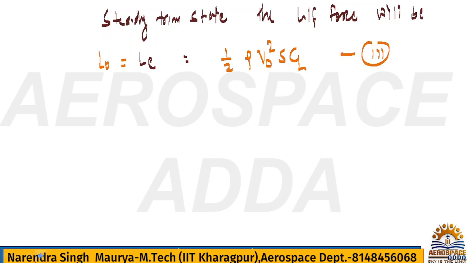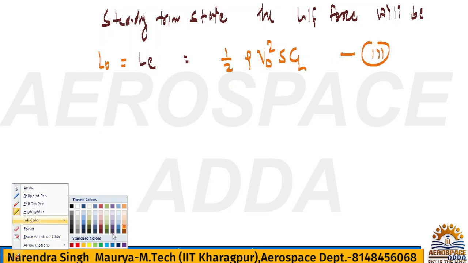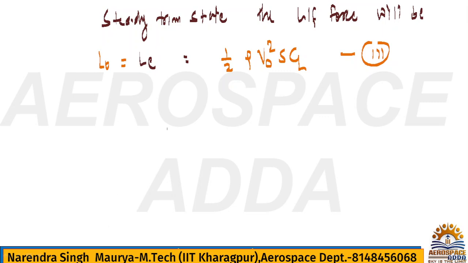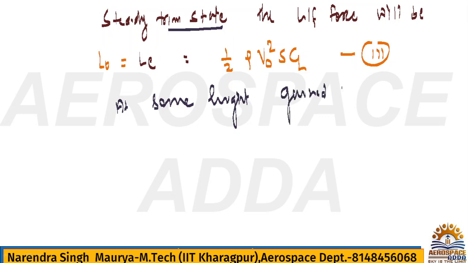And fourth, again I will write a statement, because once the airplane gains some altitude, you can call this the trim state. So we can say at some height gained by the airplane, then what will be the lift there?